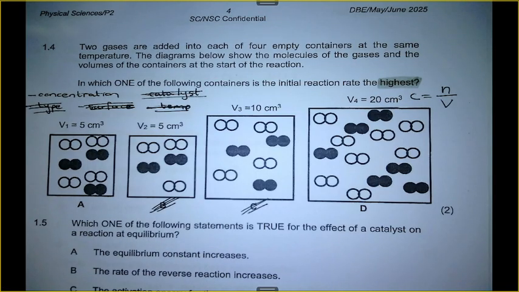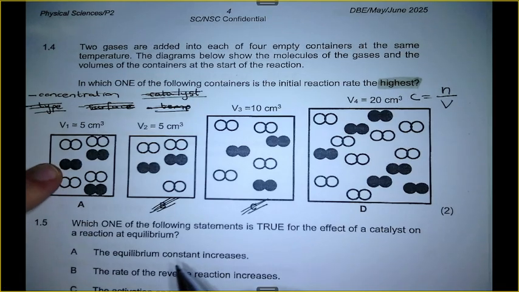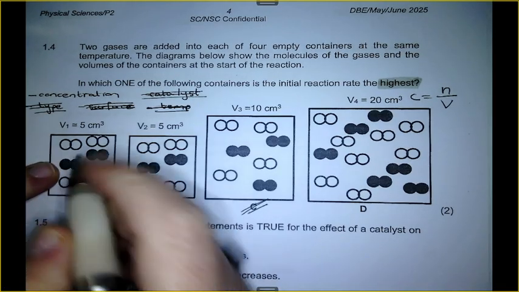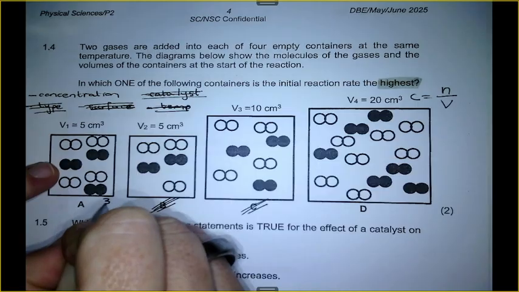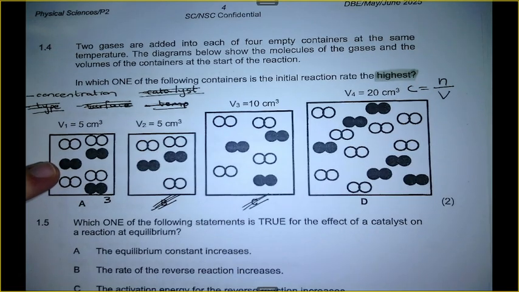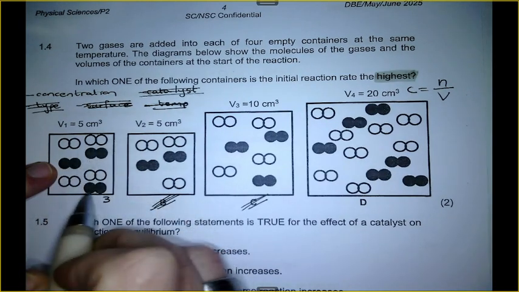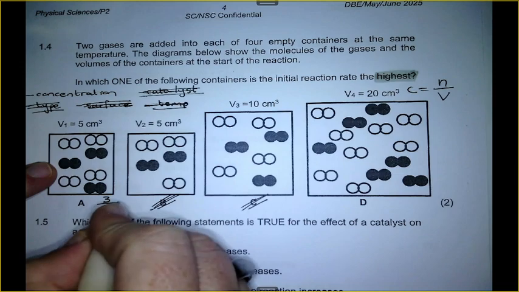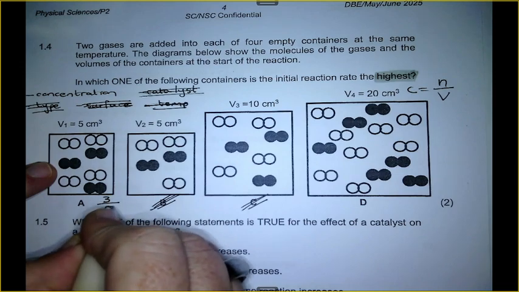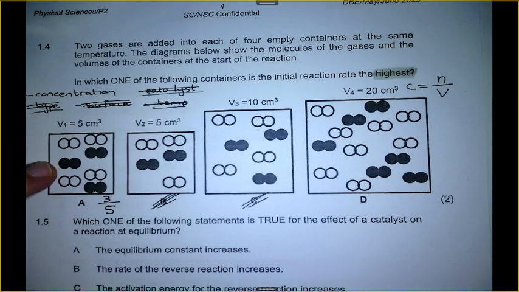So here I had 3 of the dark particles in 5 cubic centimeters of the container.